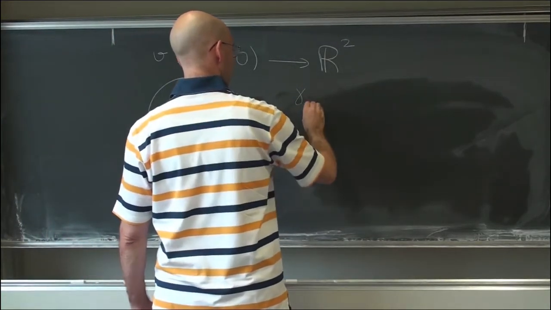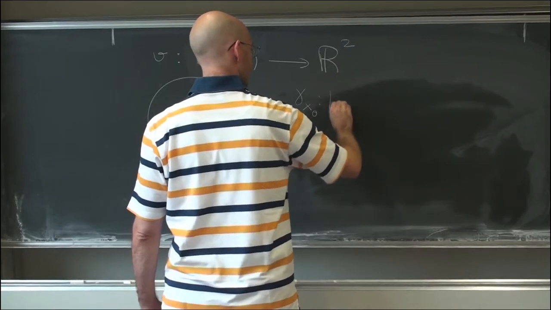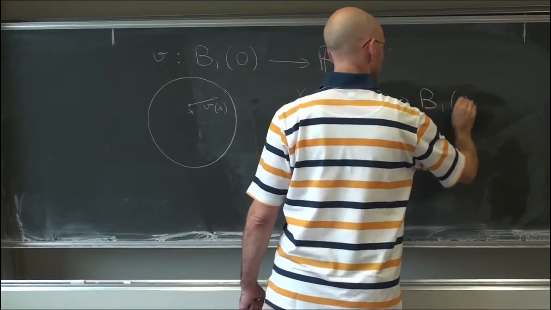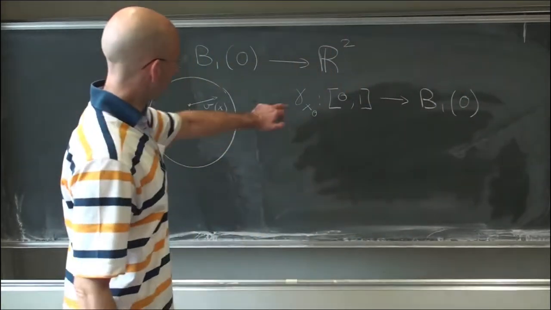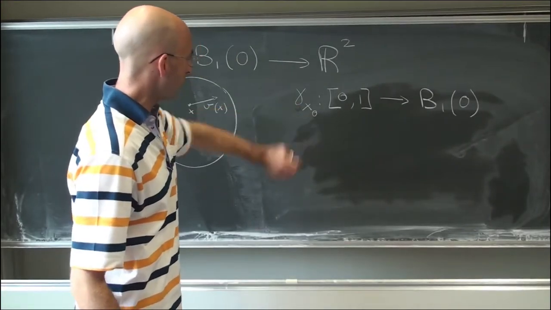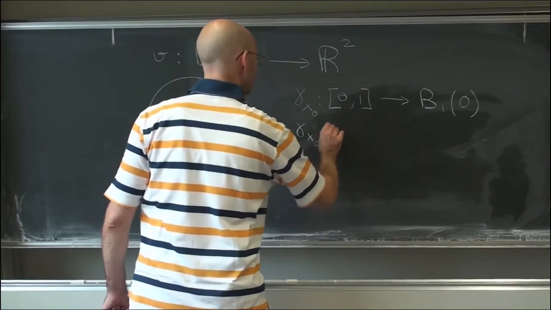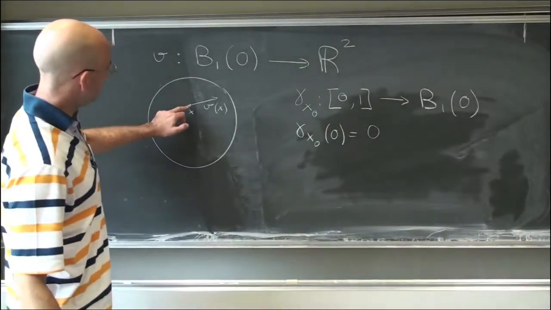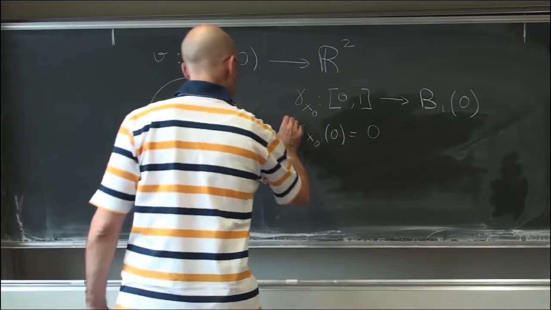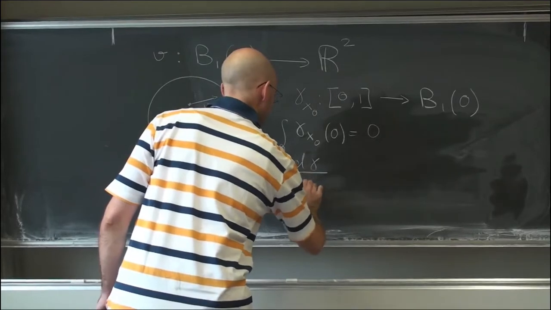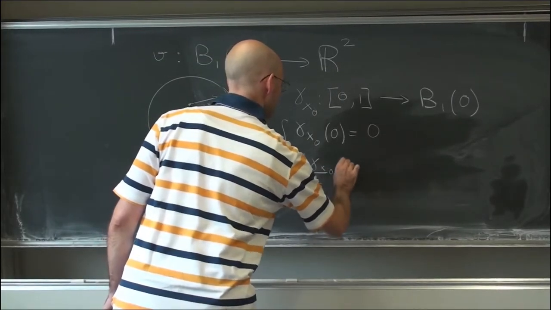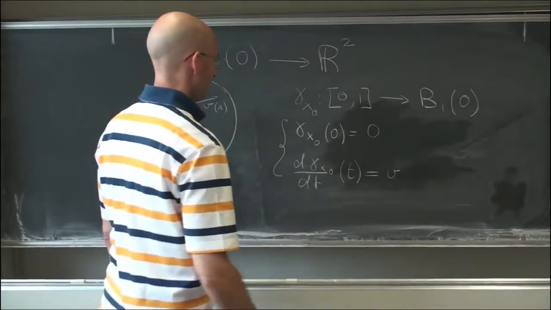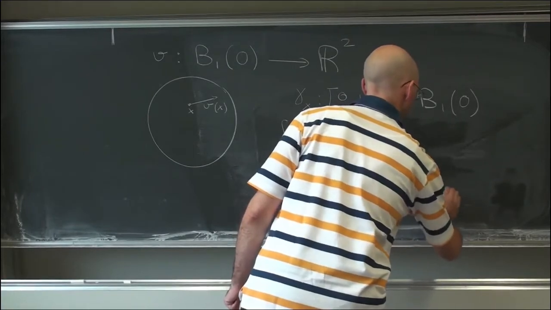We denote by gamma_x0 the path of each particle, and we just assume that the particle is starting at time 0 at the initial position x0, and it's then moving according to the vector field v that you have, which means in mathematical terms that the time derivative of this function gamma at every point t is given by the velocity field v evaluated at the point where your particle is standing.